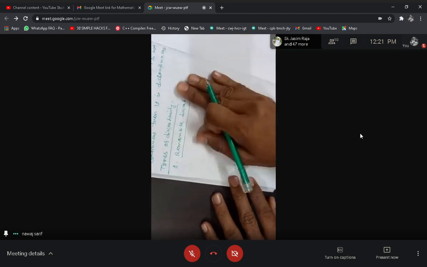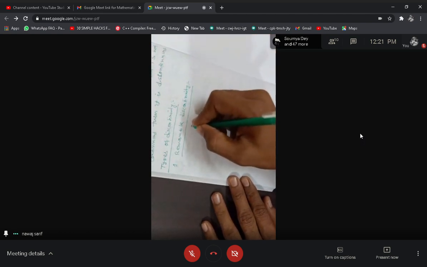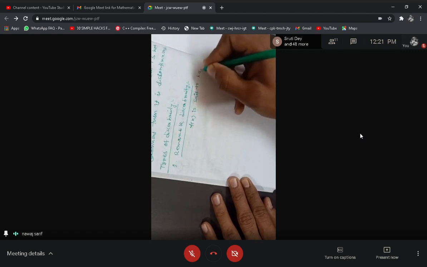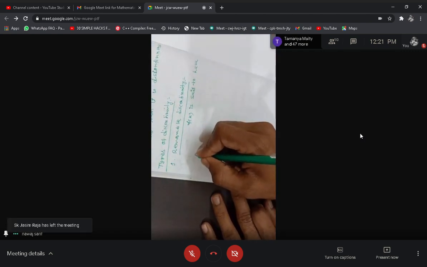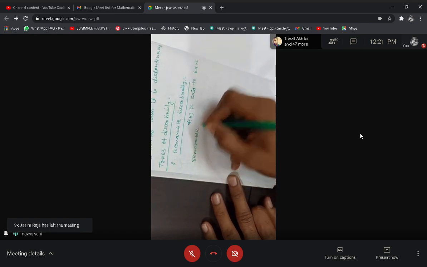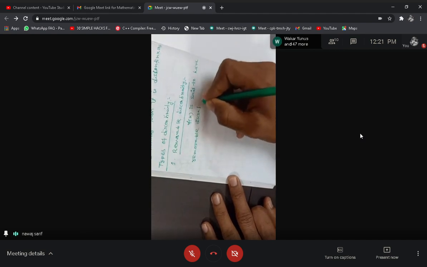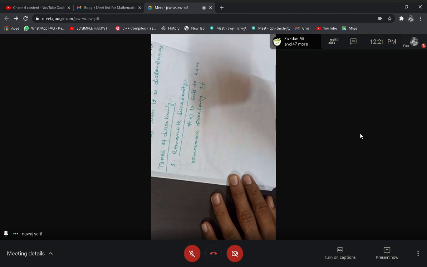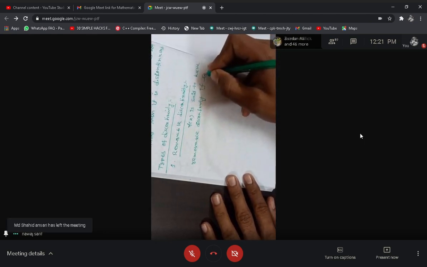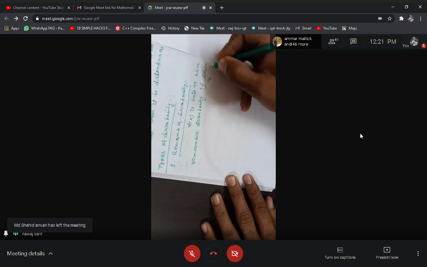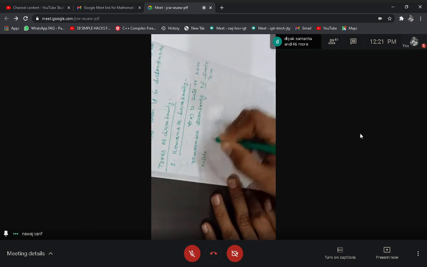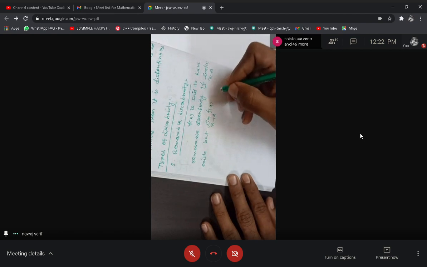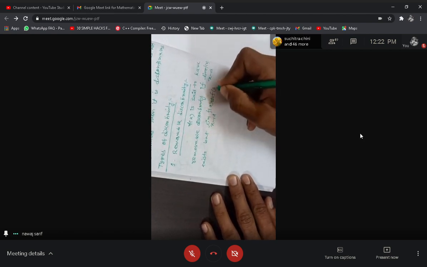Okay, f(x) is said to have removable discontinuity if the limit of f(x) exists, but the limit as x tends to a of f(x) is not equal to f(a).